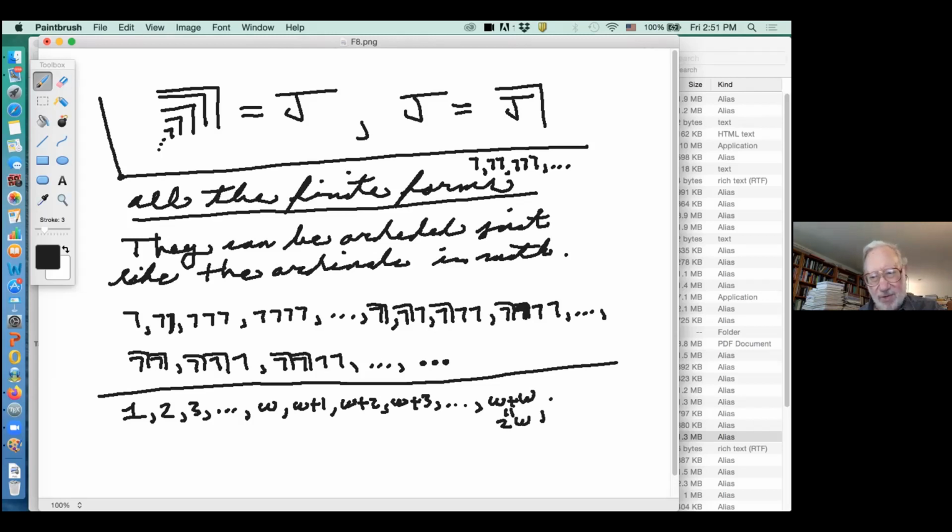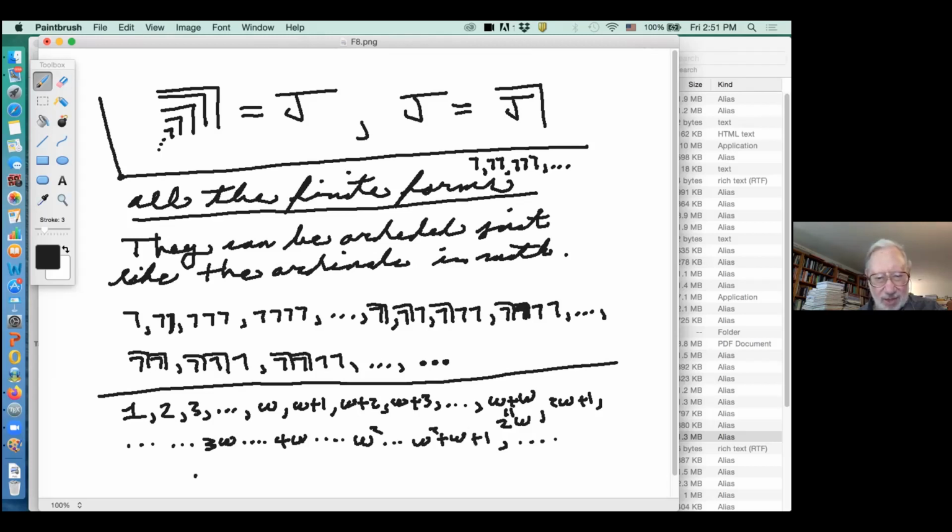And then you get 2 omega plus 1. And you keep on going and eventually you get to 3 omega, and 4 omega, and eventually omega squared. And then after a while, you get to things like omega squared plus omega plus 1, and so on and so on.